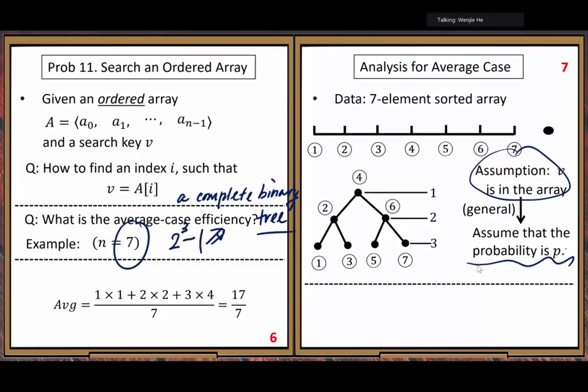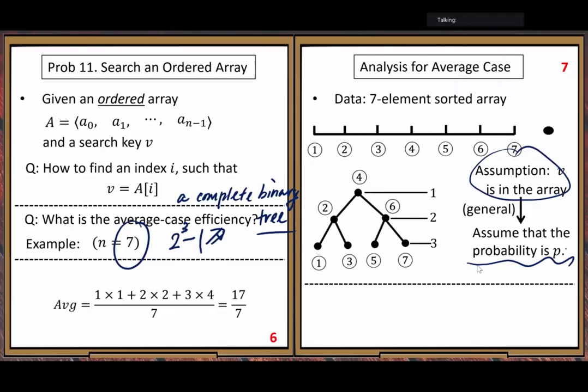For case 1, each node has 1 comparison, but we have only 1 such node. So that's 1 times 1, for the top level. For the next level, each node needs 2 comparisons, and we have a total of 2 such nodes in that level, so we do 2 times 2.